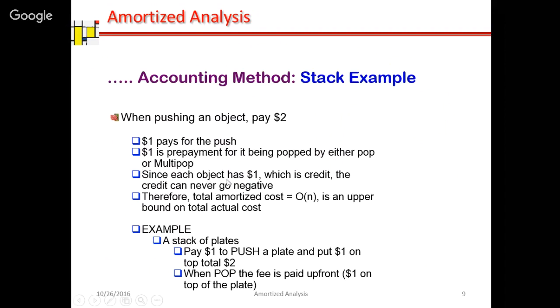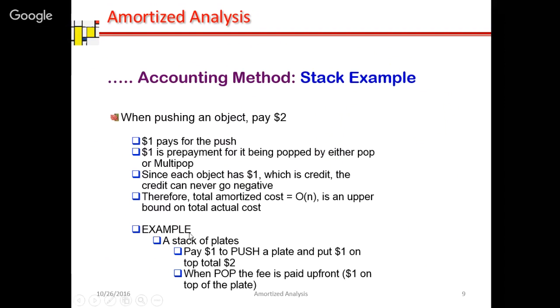Since each object has $1 of credit, the credit can never go negative. Therefore, the total amortized cost is big O of n, and is an upper bound of the total actual cost.